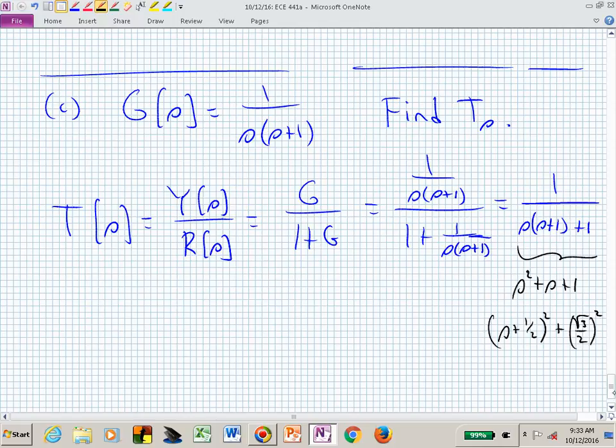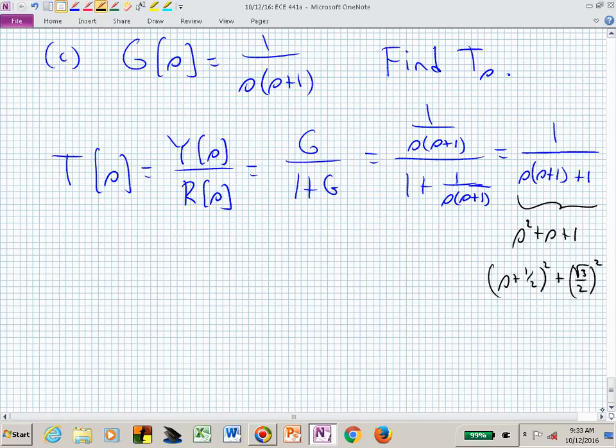But we're not asking for zeta or percent overshoot. We were after settling time. That's 4 tau, but we had a real pole before and we knew what sigma was. What's sigma here?